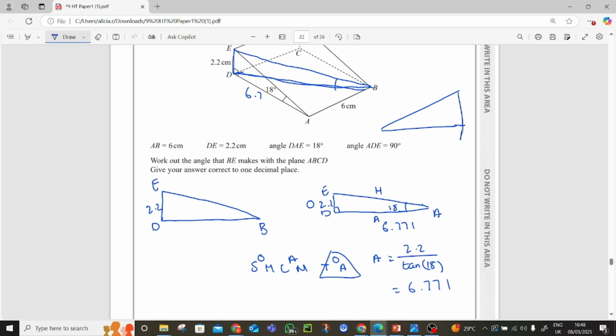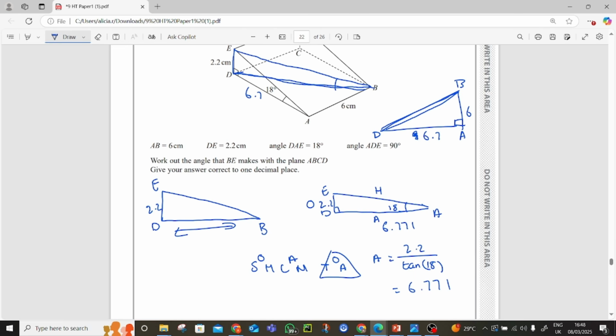So this here is the base from A to D, and I've just worked out that that is 6.7. This is a right angle triangle. This is 6 because it's been given to me, and so now I can work out this side length here going right across the centre, and this is going to go from D to B, and so help us with this side here in a minute.